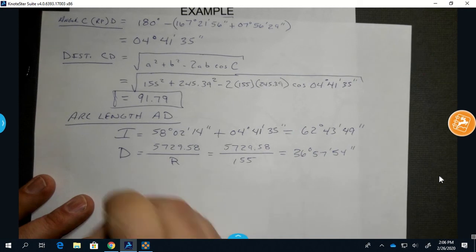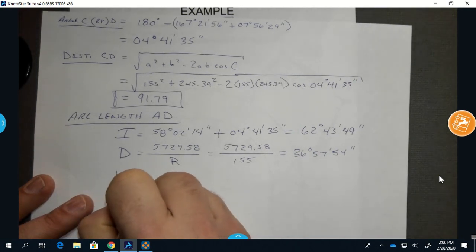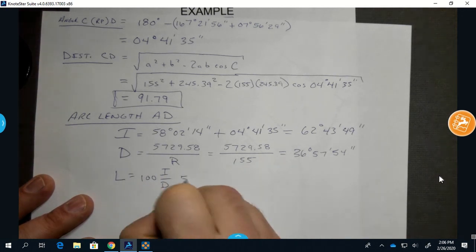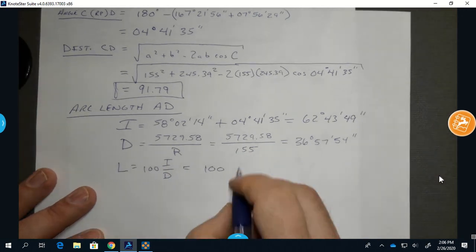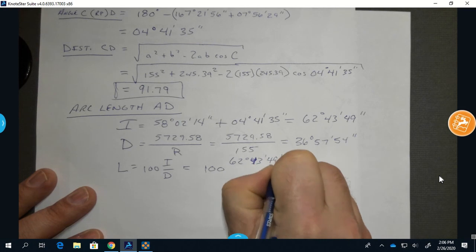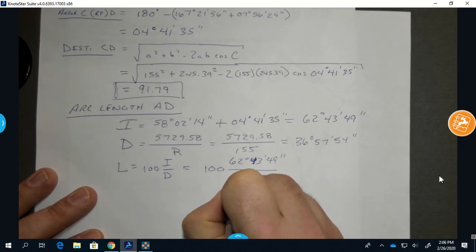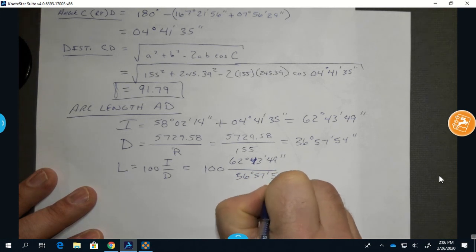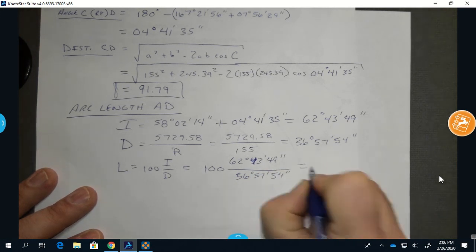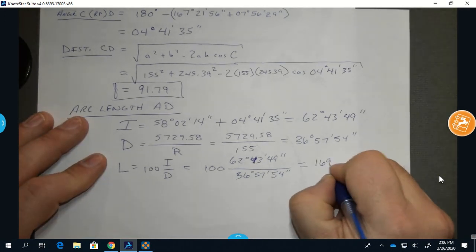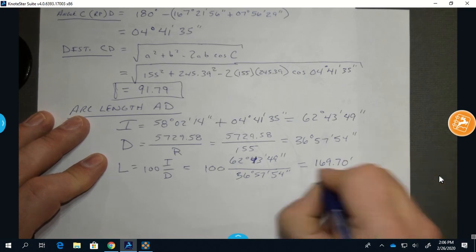All right, so now I can solve for L, because L we know is 100 I over D. Okay, 100 times I over D. So 100 times I, 62 degrees, 43 minutes, 49 seconds, over D, which is 36 degrees, 57 minutes, 54 seconds, and that ends up being 169.70 feet.